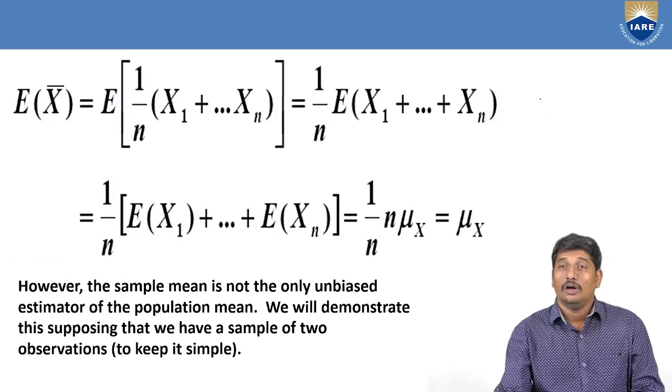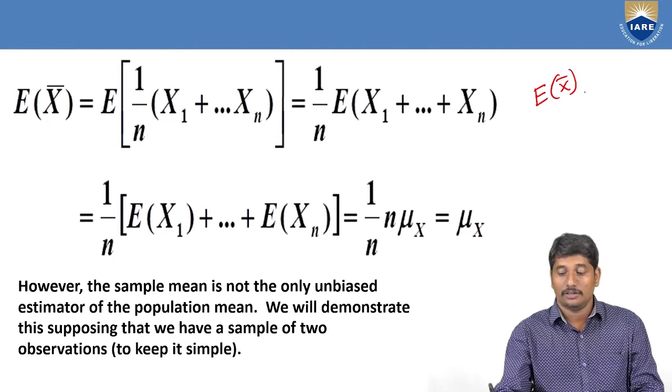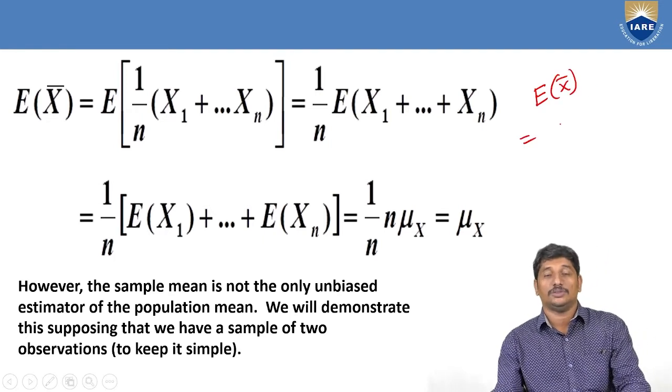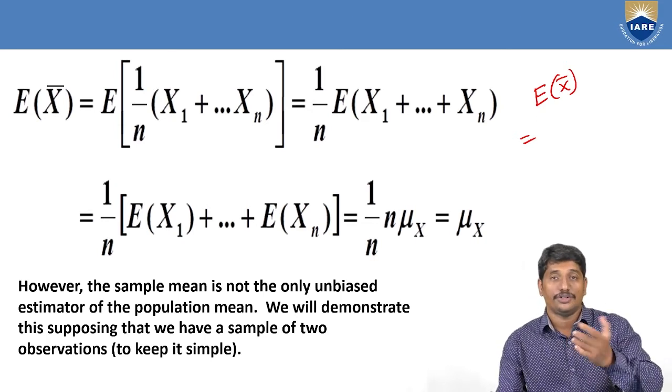Now, expectation of x bar. I am starting with the definition of unbiased: if the expectation of theta is equal to mu, then theta is called unbiased, otherwise it is biased.